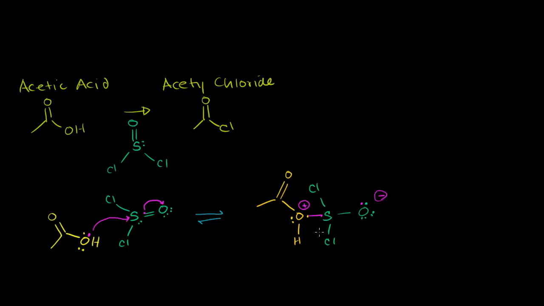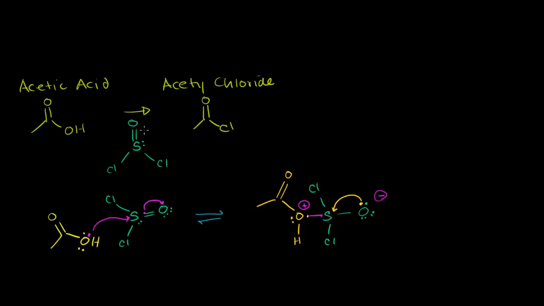Now the next step, you could imagine that this oxygen says, hey, I liked having a double bond with the sulfur. The sulfur is still bonded to a bunch of things that are more electronegative than it. It still has a slightly positive charge there. So you could imagine that this electron gets given back to the sulfur, but then the sulfur needs to bump an electron.